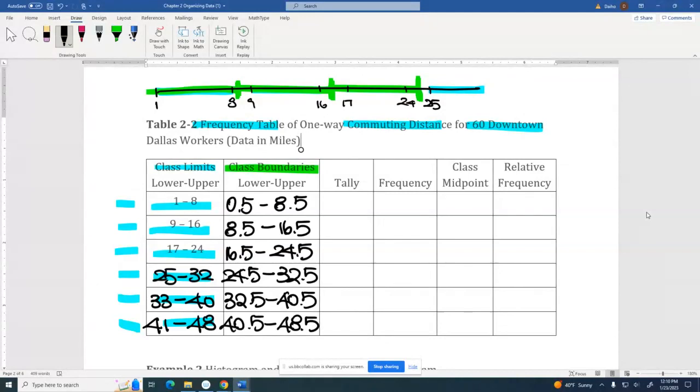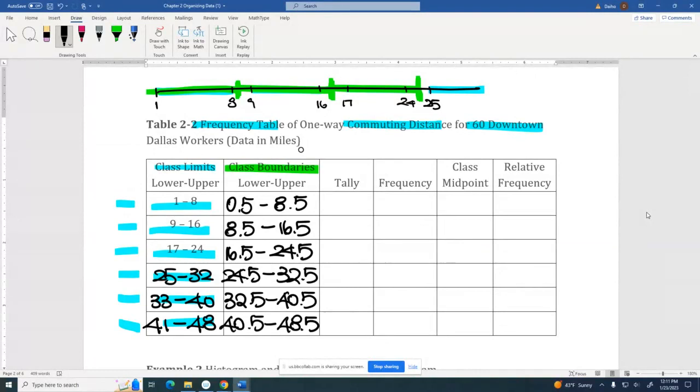Does it make sense, right? And do you understand the difference between the limits and the boundaries? Who was the minimum? One is here, right? It's inside of here. Who was the maximum? 47. 47 was here and here, right?